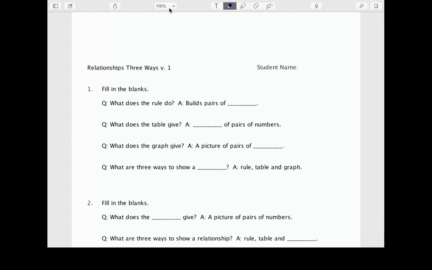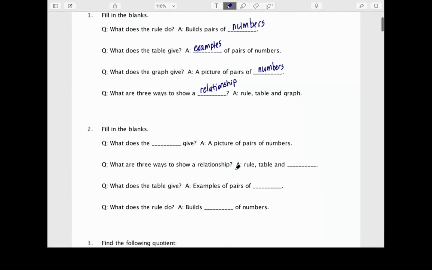Repetitive. So what does a rule do? Builds pairs of numbers. So these are the magic sentences. What does a table give? Examples of pairs of numbers. What does a graph give? A picture of pairs of numbers. What are 3 ways to show a relationship? A rule, a table, a graph.